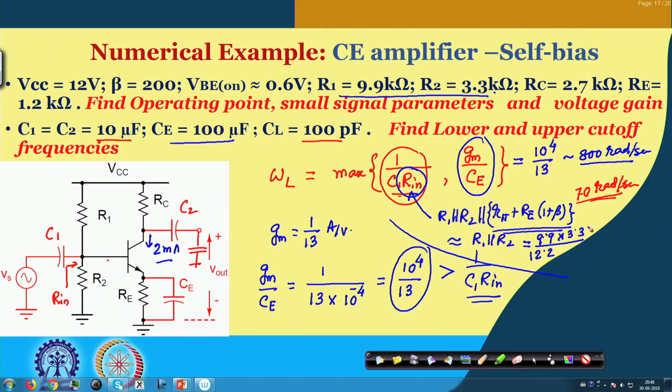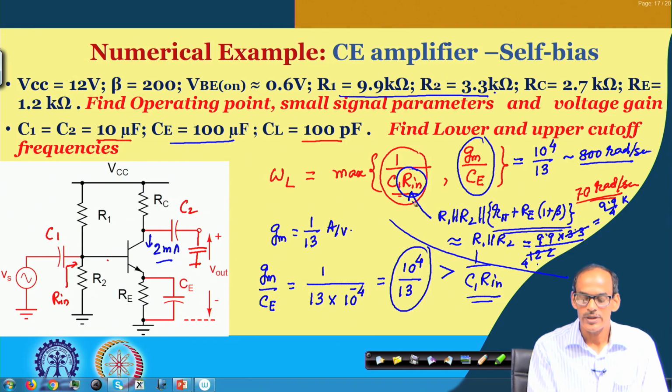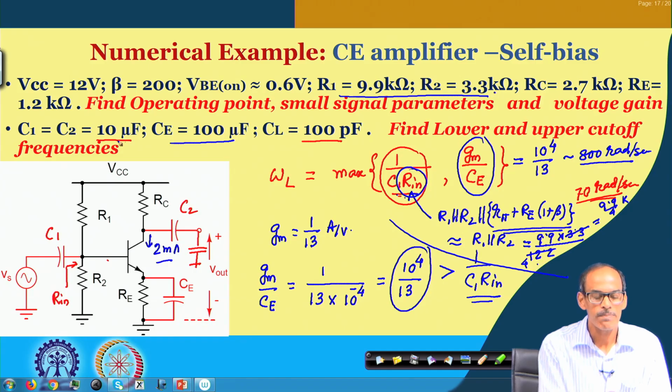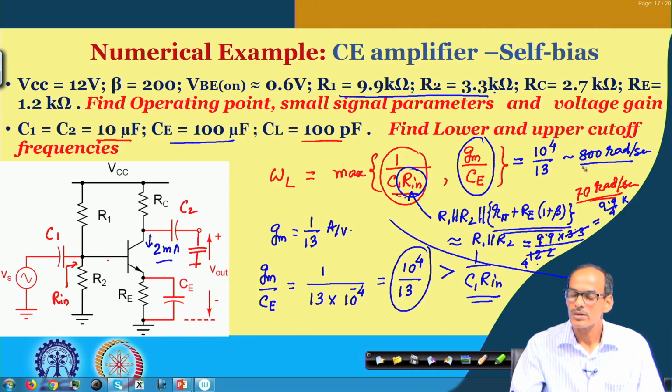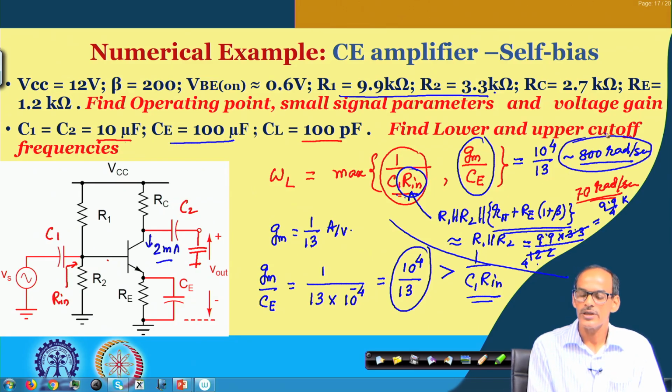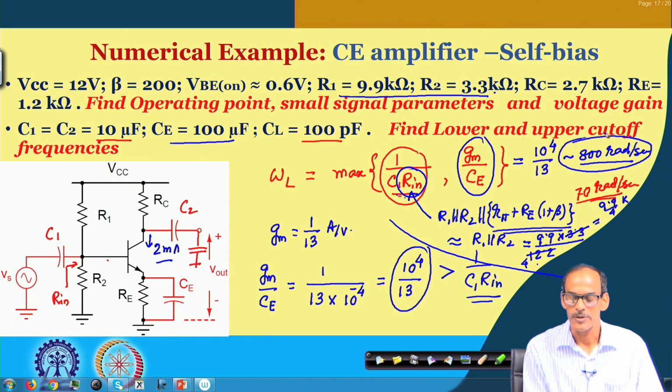If I cancel this part, it will be 4. So this becomes 9.9 divided by 4 K. If I consider C1 to be say 10 microfarad, then also this gm divided by CE becomes dominant.